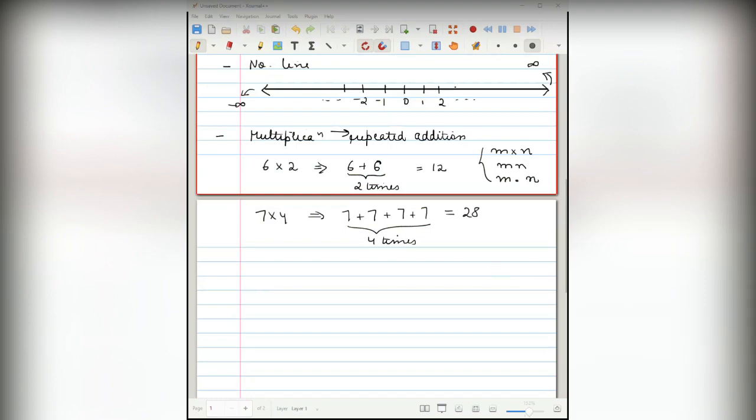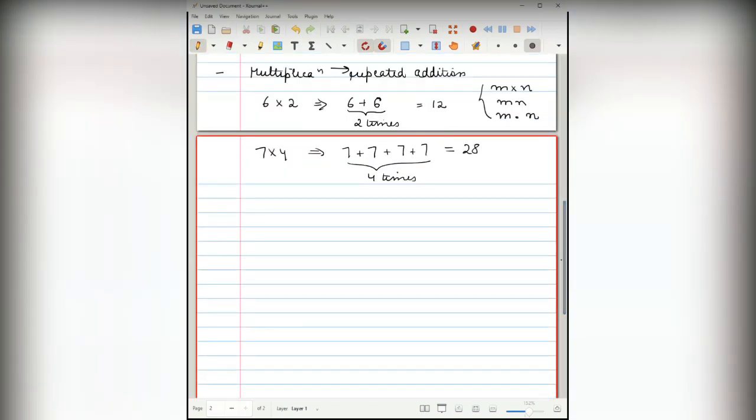Next, we should know what cubes and squares are. If m is multiplied by m only once, that is, m is multiplied 2 times, that becomes m squared. If you multiply m 3 times, it becomes m cube.